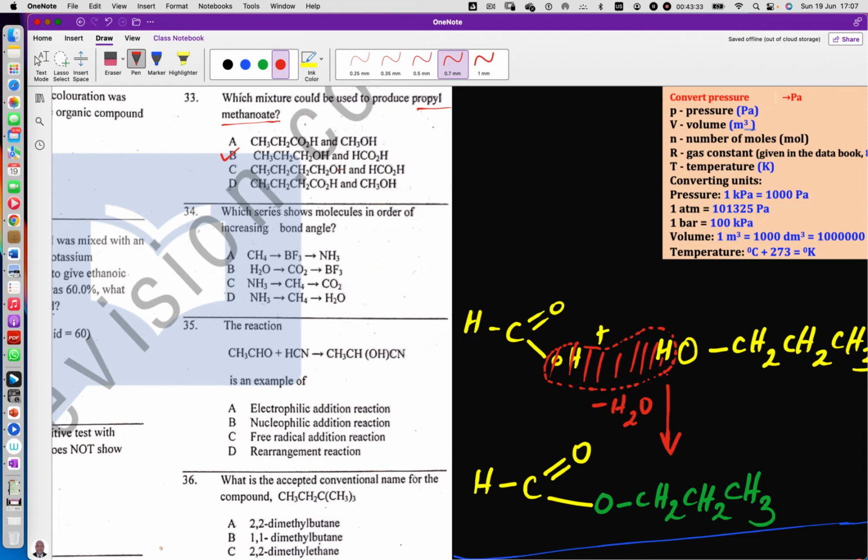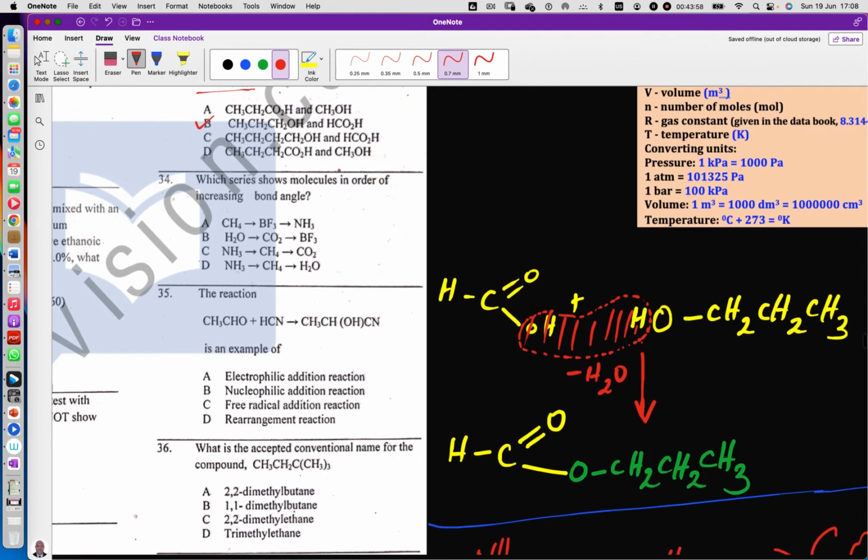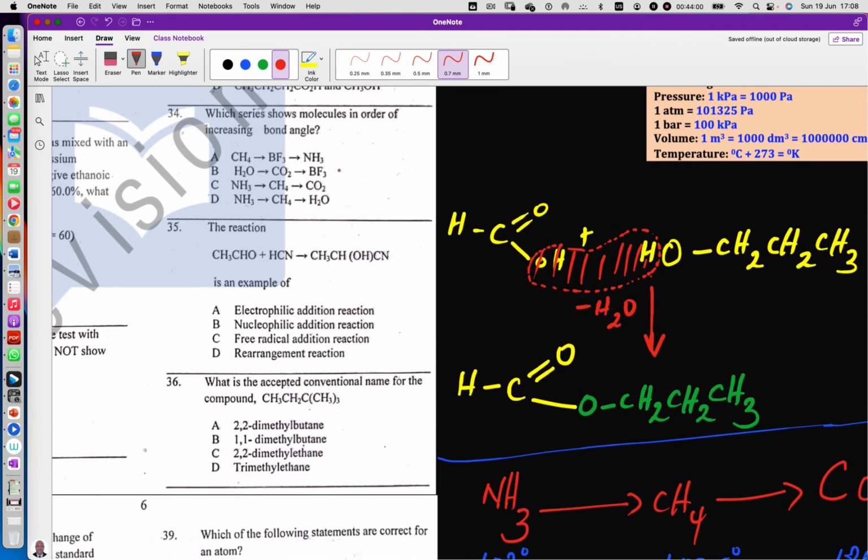Okay, let's go to question number 34. Question number 34 asks which series shows molecules in order of increasing bond angle.